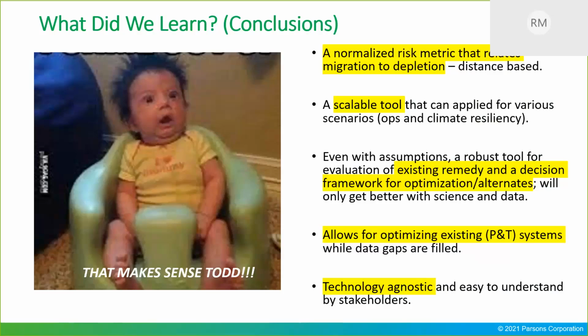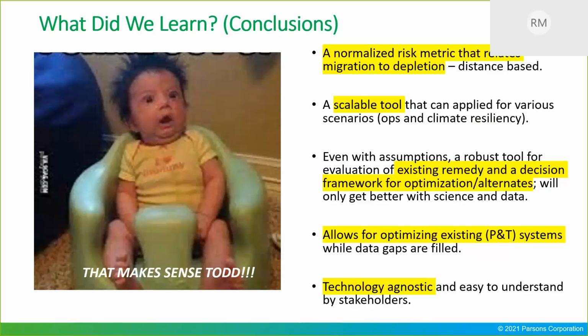And with regard to it being easy to understand by stakeholders, have you had an opportunity to present this to either a regulator or to another stakeholder or a third-party property owner or something like that? No, Scott. As seen from the picture, we're taking baby steps and an agile approach here.